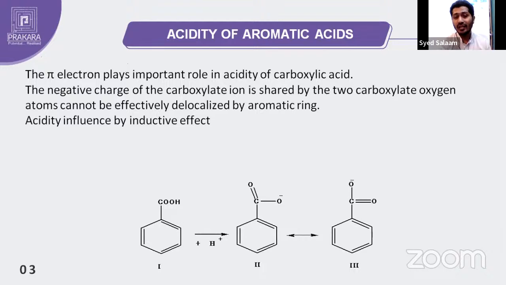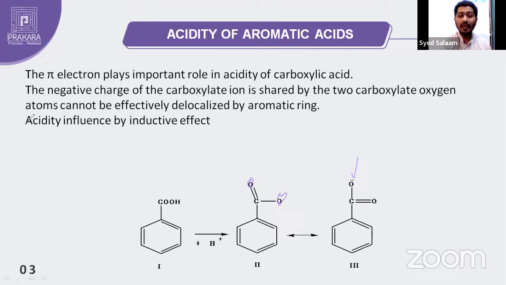The negative charge on the carboxylate ion gets stabilized by the presence of this unsaturation, that is, the alternate single bond, double bond. Here you can see that this carboxylate ion has the negative charge on this oxygen initially, and it can delocalize itself. The positions can change, and then it gives the negative charge on the other oxygen.